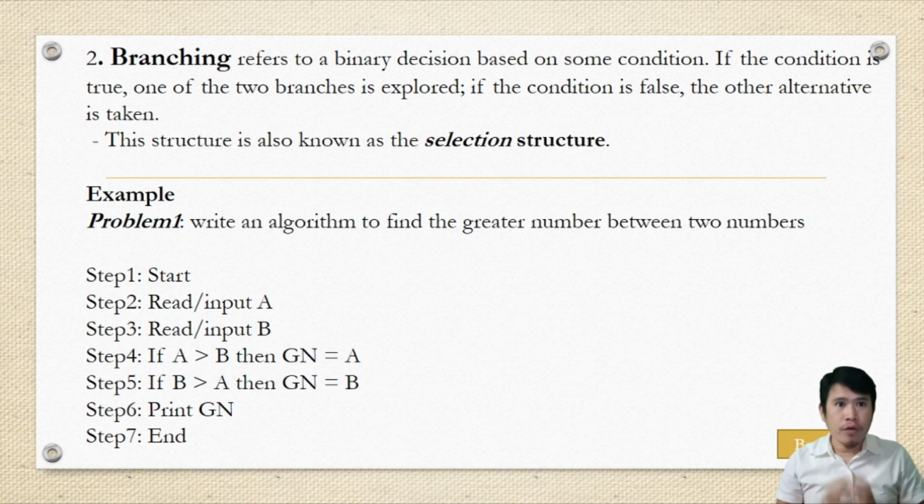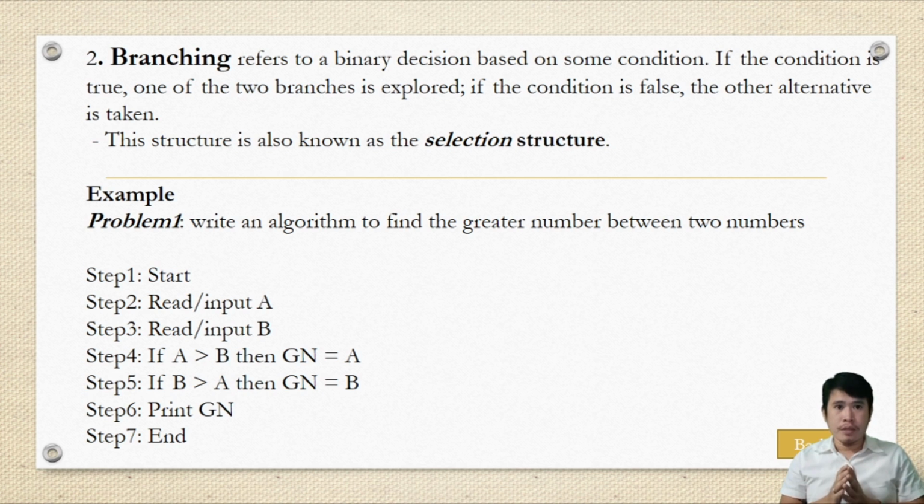So in step 4, if A is greater than B, then we have to use another variable again to hold the result. So if this is true, then the value will be stored to Gn variable, which is our new variable again. Then in step 5, if B is greater than A, then greater number or Gn is equal to B.